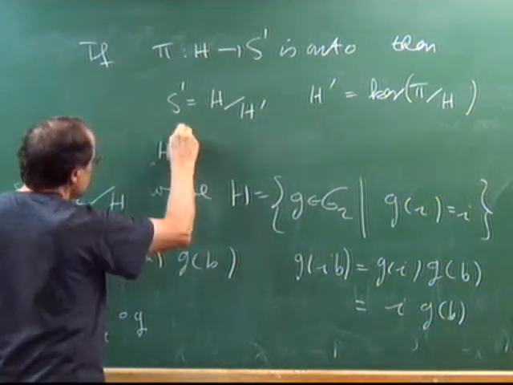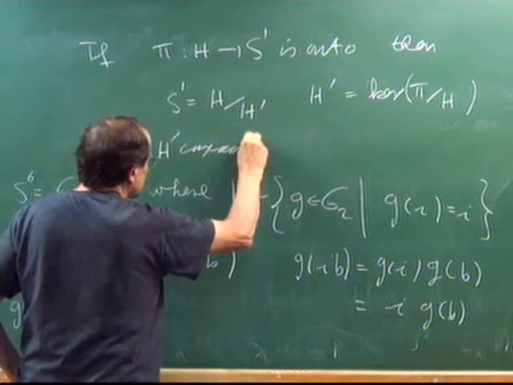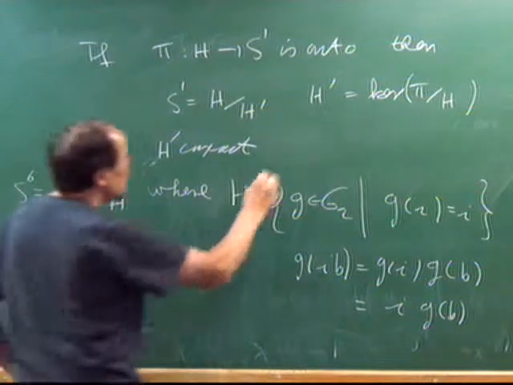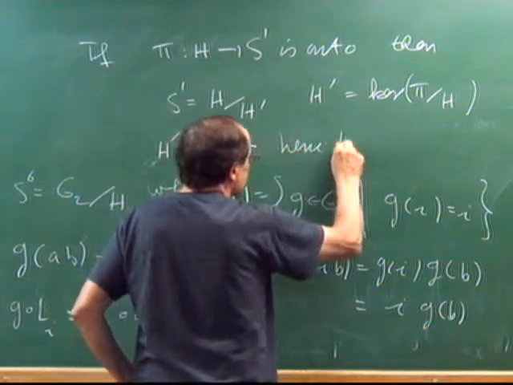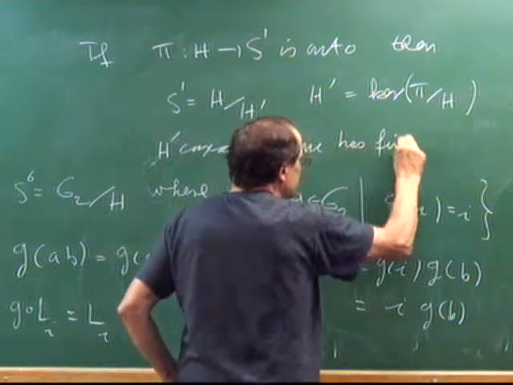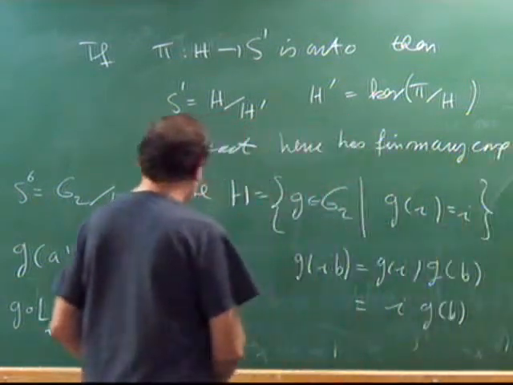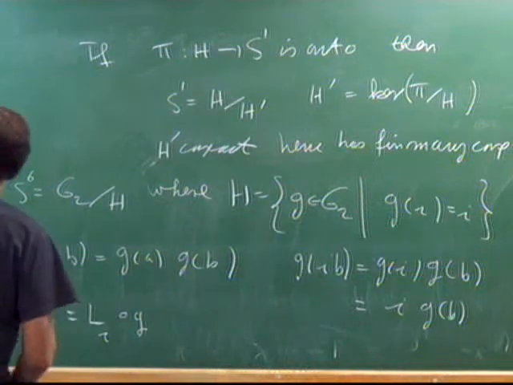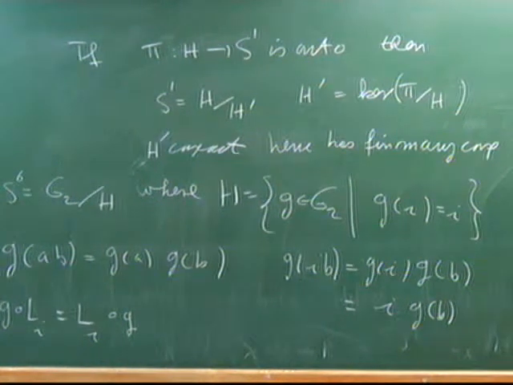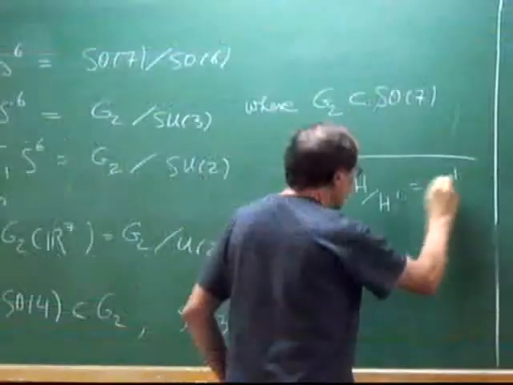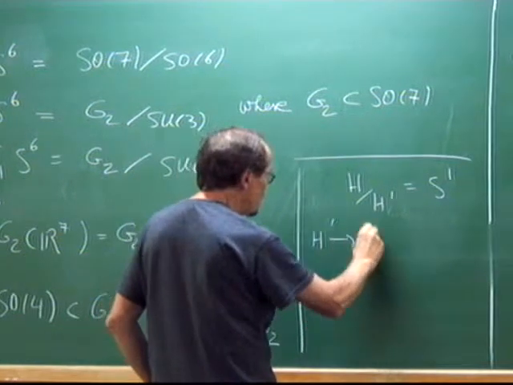Well, I'd say H prime is compact, because it's a kernel that sits inside U3, and U3 is compact. So it's a compact group, and hence has finitely many components. Now I'll use the fact that H mod H prime is a circle. It means I have a fibration H prime to H to S1.